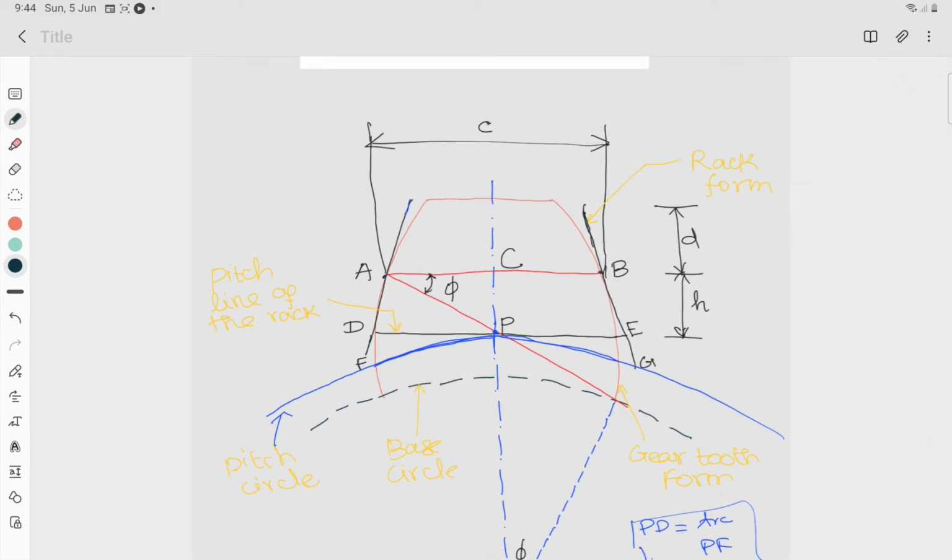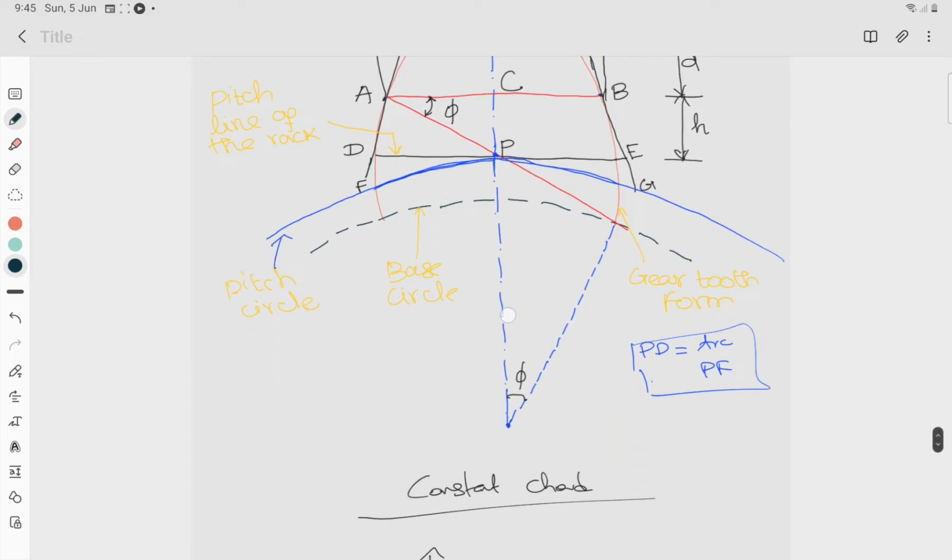When they engage, they make contact at points A and B. The line joining the points A and B is nothing but the constant chord. It will be the same for all gears irrespective of the number of teeth. So we will measure the gear tooth thickness along AB. This is what we are going to do in this video.